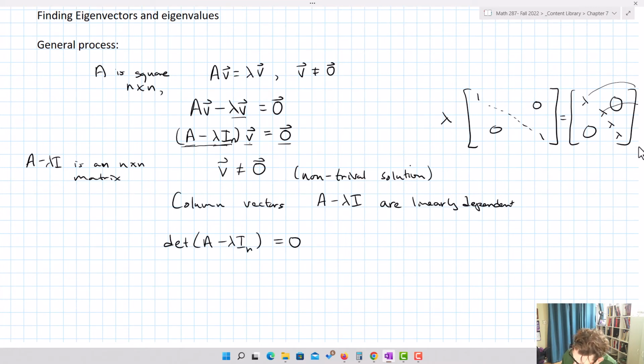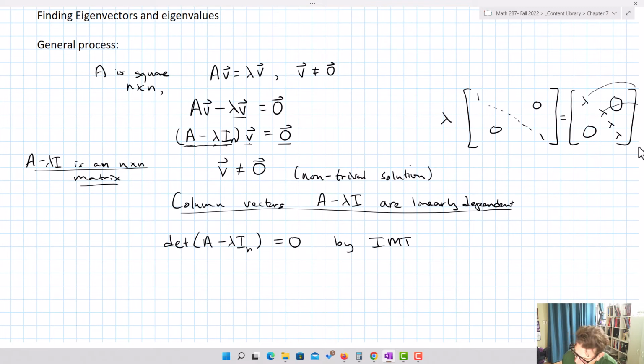If you remember, I've got a square matrix, and the column vectors of A minus lambda I are linearly dependent. So the determinant of A minus lambda I has to equal 0 by the IMT, the invertible matrix theorem.